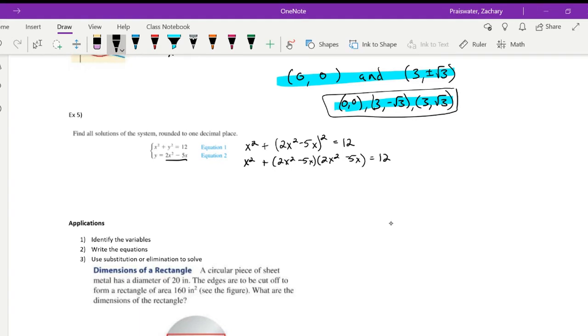And then when we multiply these out, we get x squared, and then plus 4x to the fourth, and then minus 10x cubed in the middle, plus 25x squared. And then let's move the 12 over to make it minus 12.